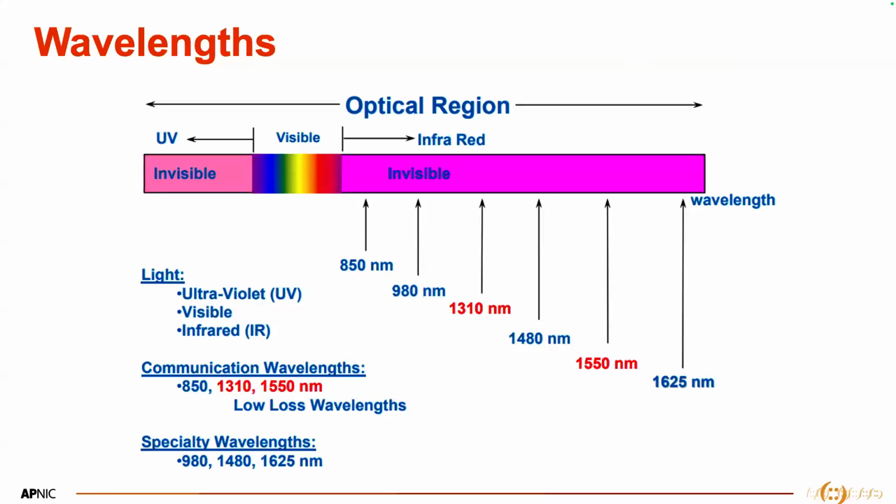For the invisible region, we cannot identify different colors of light. At one extreme end, we have ultraviolet ray, and at the other extreme end, we have infrared ray, right? So when we talk about optical communication, we basically talk about the infrared ray region. When we talk about the infrared region, there are specific wavelengths for a specific task, and we use those wavelengths for those tasks only, right?